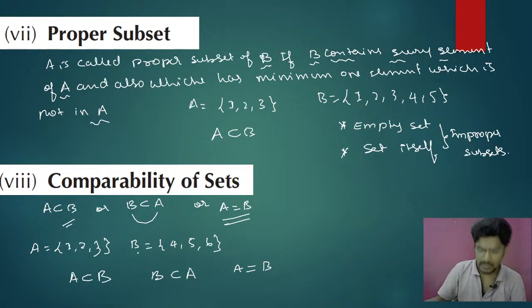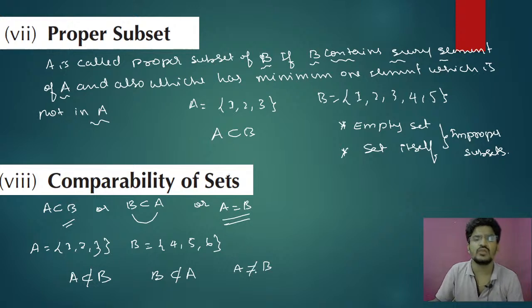Okay, quickly tell me the answer for this. I have sets A and B. From this you can see that A is {1, 2, 3}, B is {4, 5, 6}. So now you have to answer these questions. Is A a subset of B or not? No. Very good. Is B a subset of A or not? No. Very good.